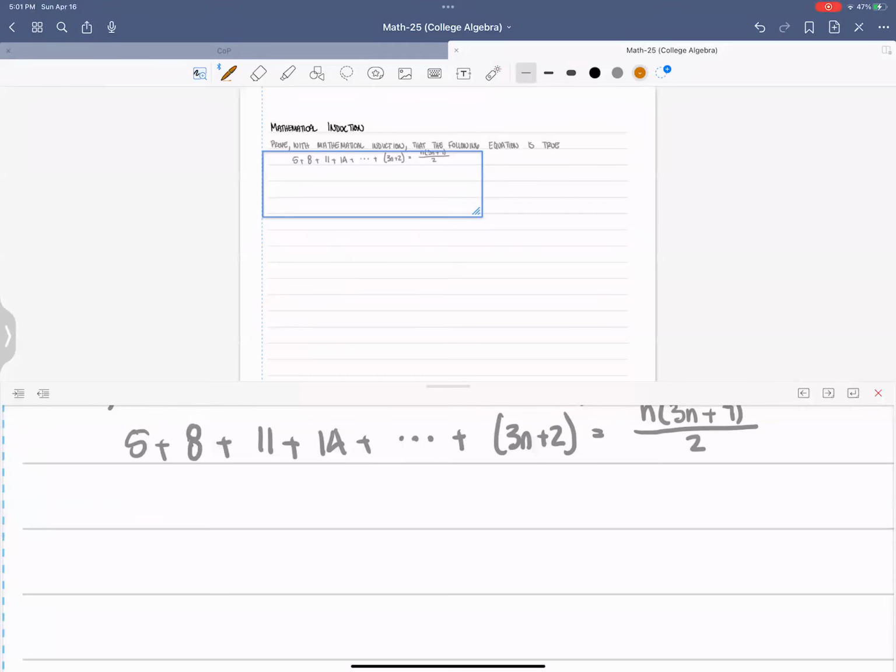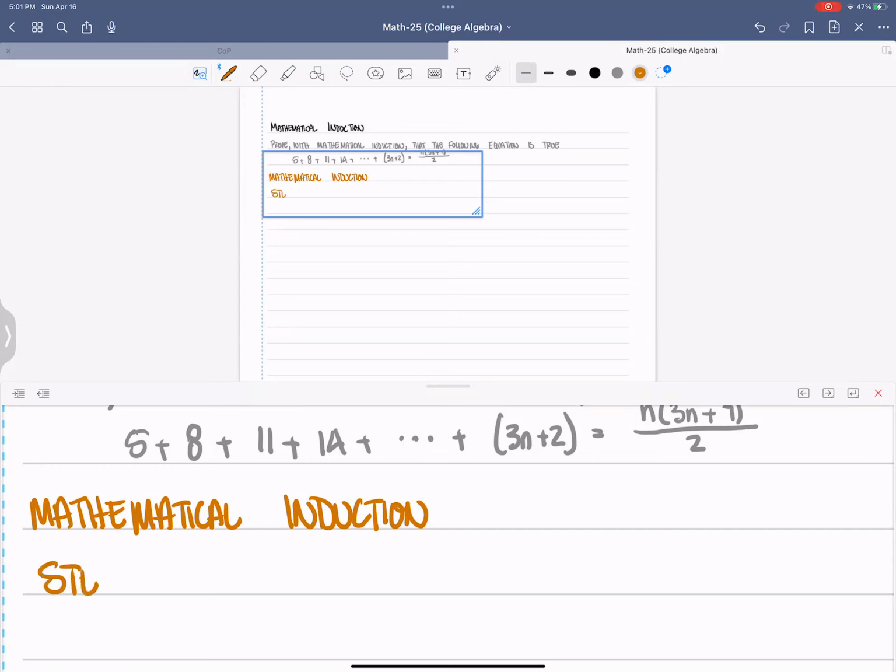So for mathematical induction, we have the first step, step one. What we're going to do in step one is verify the very first example.